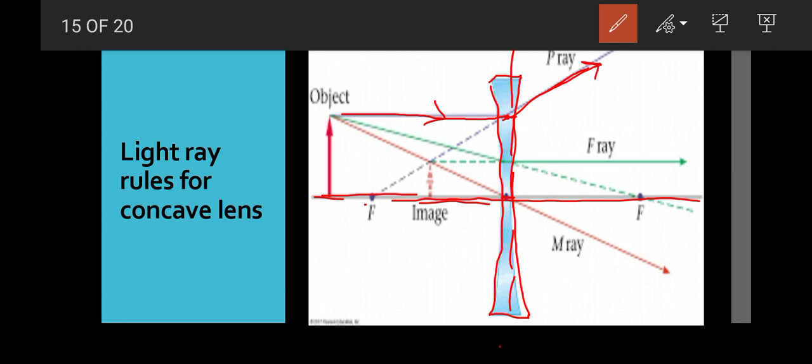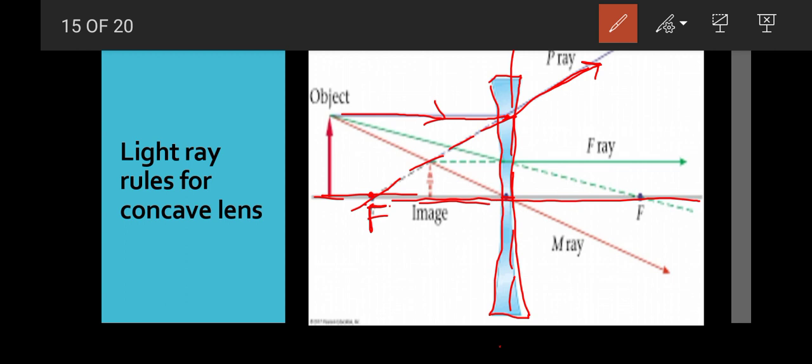So how should it pass from the focal point? We have to extend it backwards. That's how it is passing from the focal point, as the focal point lies on the same side as that of the object. So here we can see the first principal ray drawn parallel to the principal axis.